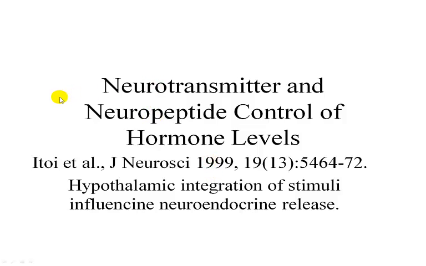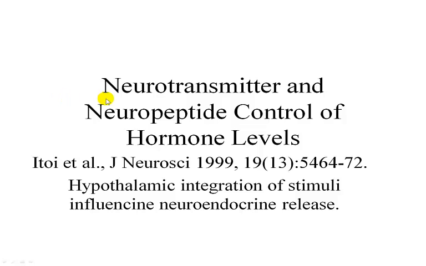Okay, now let's think of neurotransmitter and neuropeptide control of hormone levels. So it's kind of appropriate with the dopamine, although the dopamine is not really a neurotransmitter. It's acting as a hormone, a neurohormone, because it's synthesized and secreted by dopamine neurons in the hypothalamus into the pituitary portal plasma, and then acting in an endocrine fashion at the remote, still pretty close by, but it's remote compared to a synapse where a neurotransmitter would have its effect.